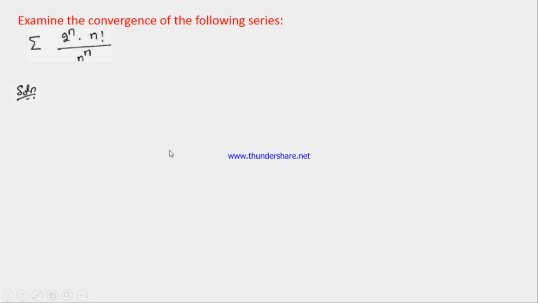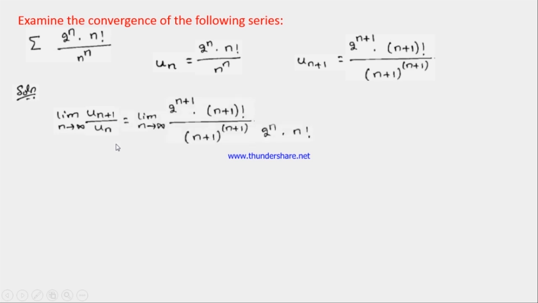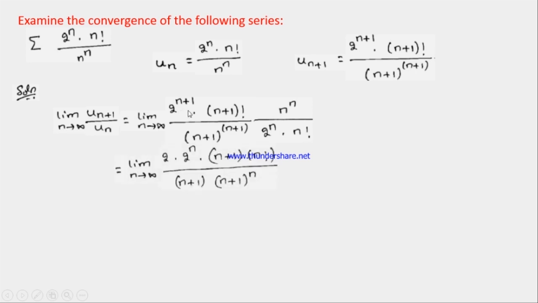Have a look at the next one. In this case, the nth term is given directly. Write u(n+1). Now consider limit n tends to infinity u(n+1) by u(n). Substitute the values. On simplification, we will get 2 power n into 2. N plus 1 factorial is written as n plus 1 into n factorial.